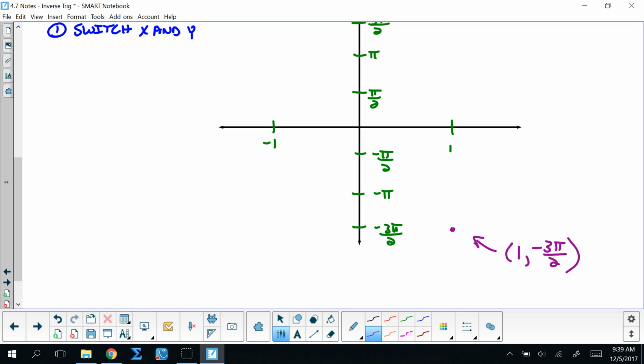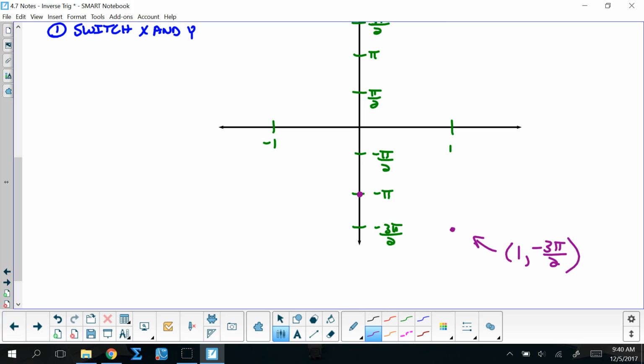Then, I'm not going to scroll up anymore. So then, at negative pi, where was my original function? It's at 0, right? So that means I'm going to be at 0, comma, negative pi. At negative pi over 2, I was at negative 1 before, correct?